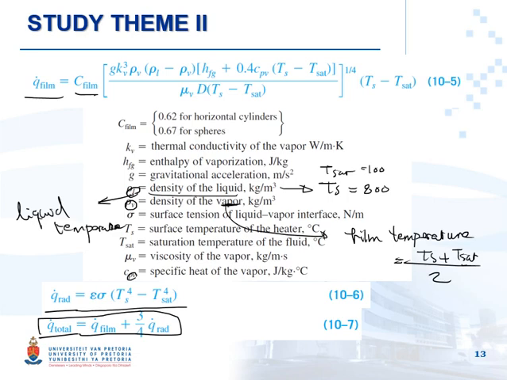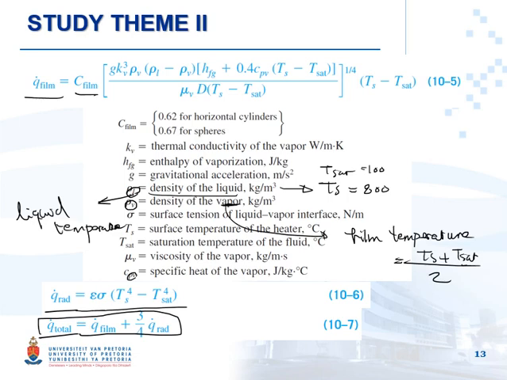If you remember, I told you during our last session that the rate of heat transfer in the nucleate boiling regime strongly depends on the number of nucleate sites and the rate of bubble formation. So if we have more nucleate sites, we have a higher heat transfer rate, and the same goes for bubble formation.